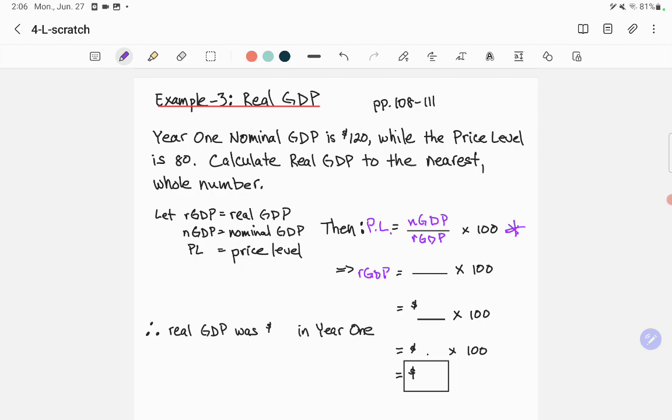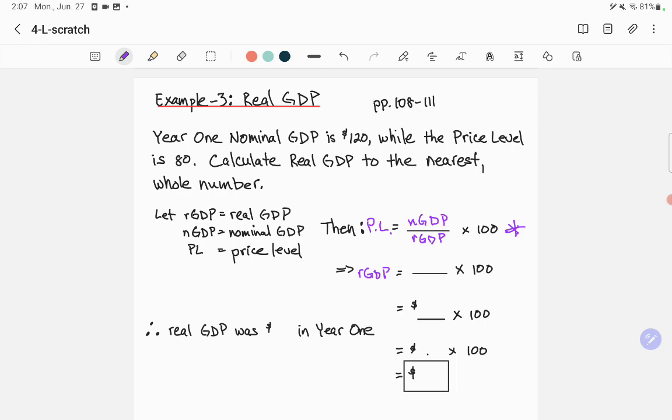How do you know this? You're in the middle of a test, you're going crazy, there's five minutes left and you've got half the questions. You come up with this. How do you know that price level is equal to nominal over real GDP? Usually, what happens to prices almost always? Goes up.